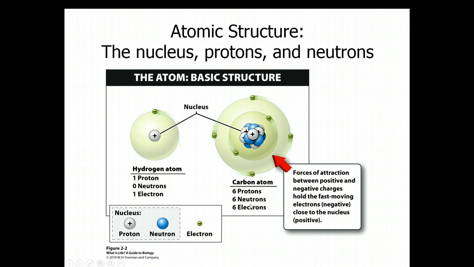So the octet rule says that these atoms would really prefer to have all 8 positions in the outer orbit, or the valence number, filled with the full complement of 8. Carbon likes to share, like many other atoms, and will share with, let's say, hydrogen, and share these electrons. So we can have 4 more sharings with this. We're going to talk more about it. I just wanted to point that out so you could be thinking about that as we move on.